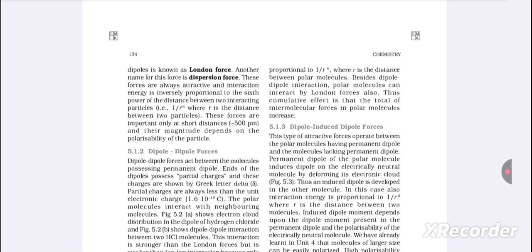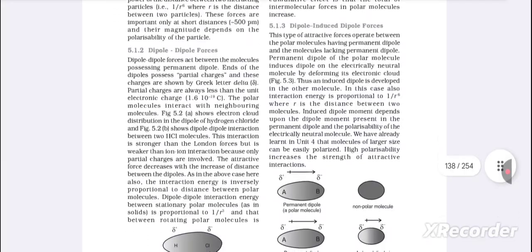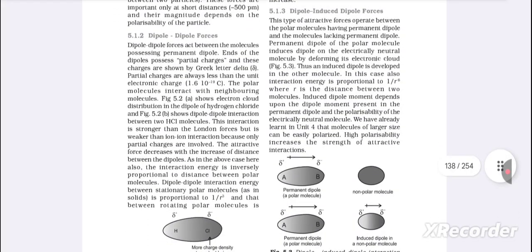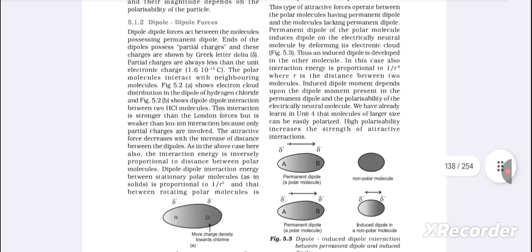Induced dipole moment depends upon the dipole moment present in the permanent dipole and the polarizability of the electrically neutral molecule. We have already learnt in unit 4 that molecules of larger size can be easily polarized. High polarizability increases the strength of attractive interaction.